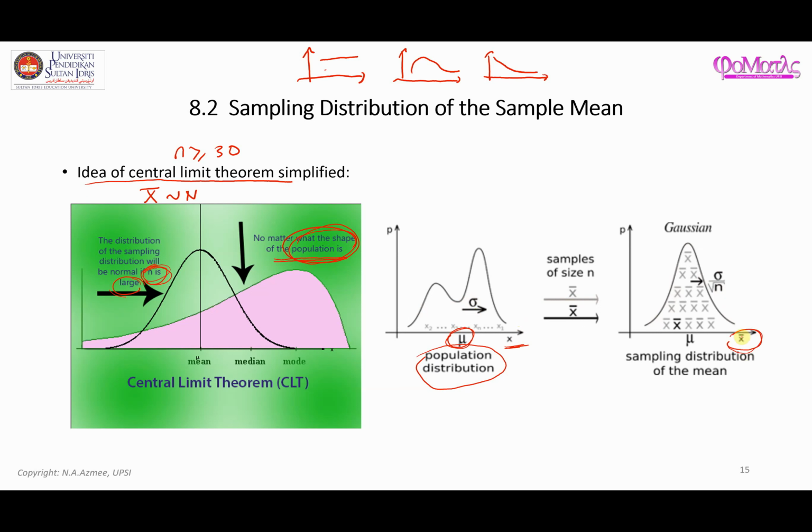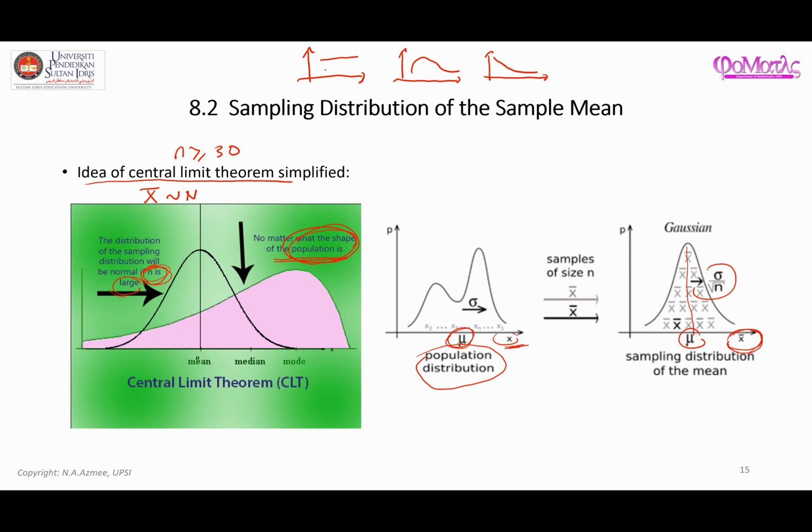This is for x bar, this is x. Our x bar will look normal like this, where the center is at mu, the same value as the original distribution, and the standard deviation in this case is sigma over square root n.